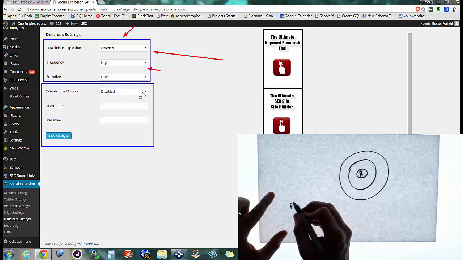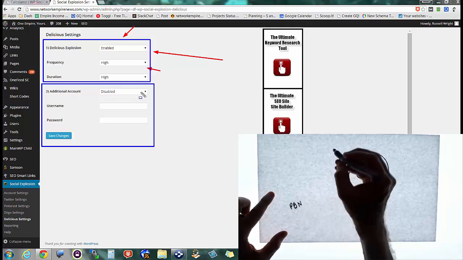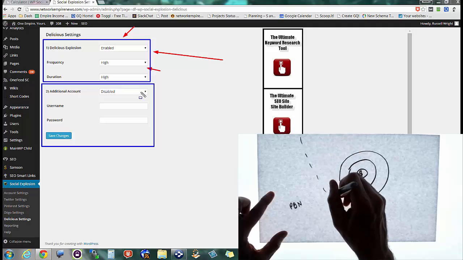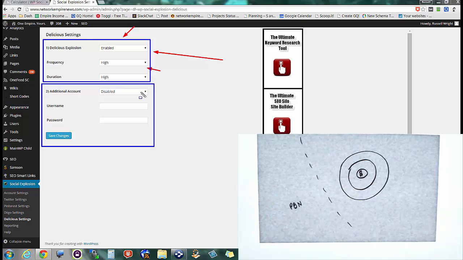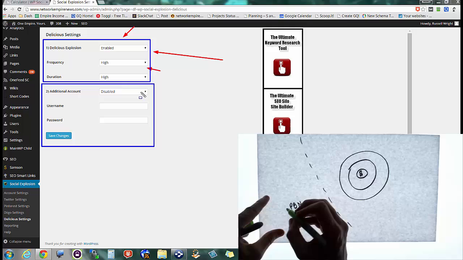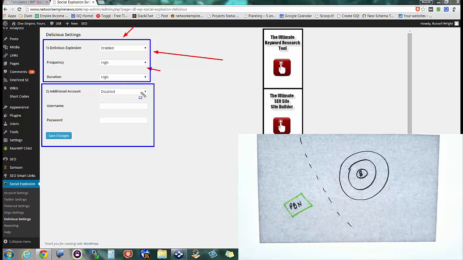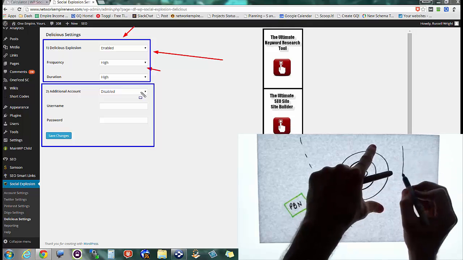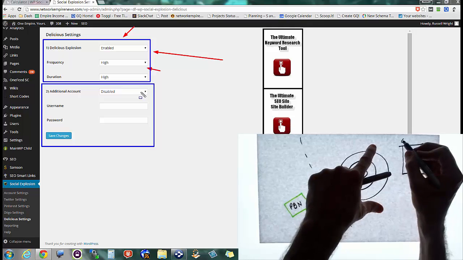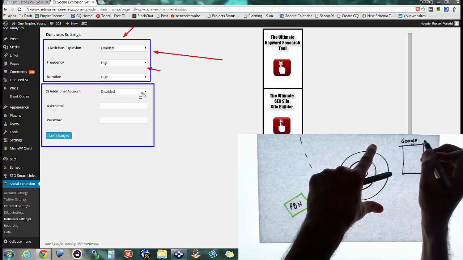Then we have the PBN model, which really doesn't fit in our rig system. Why? Because the PBN is mostly about gaming rankings. So this is what Greg and Jimmy teach. So here's the site you're trying to get ranked. Here's the search engine results page, Google SERP.